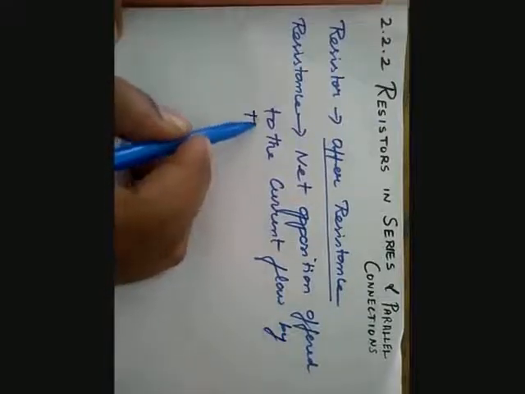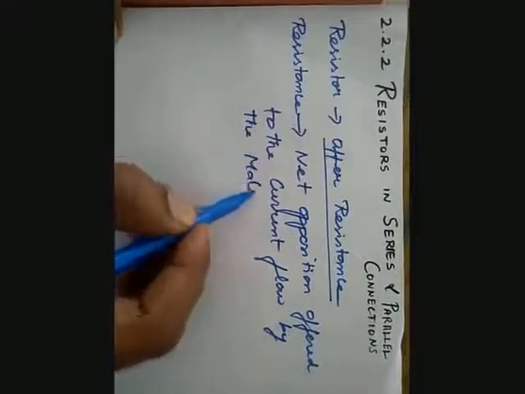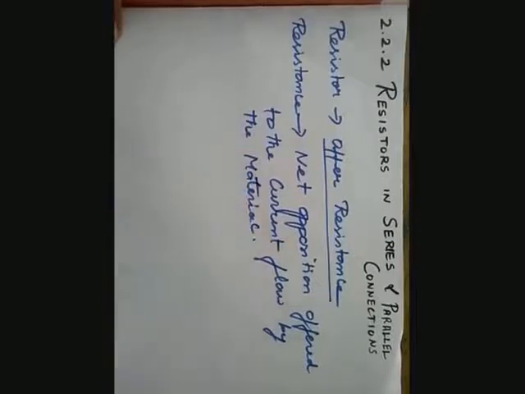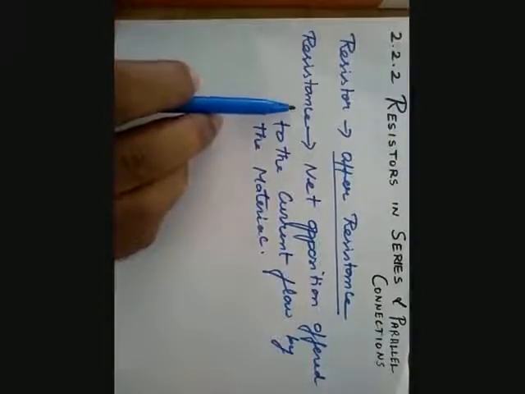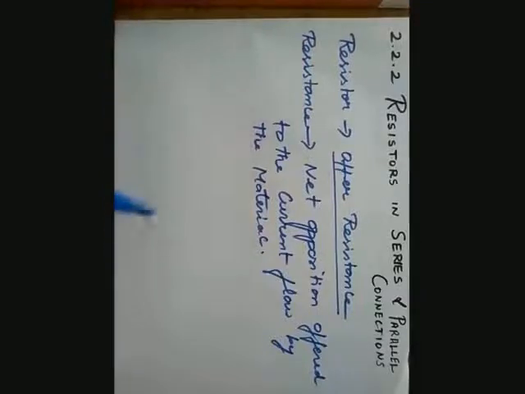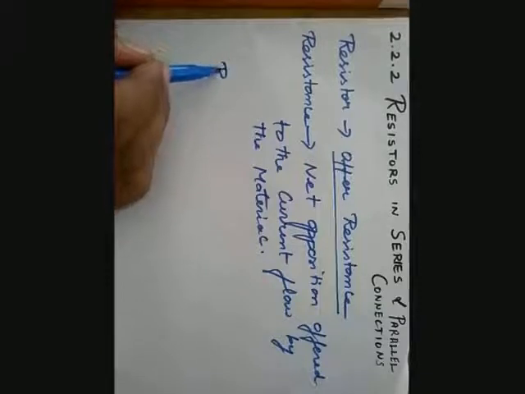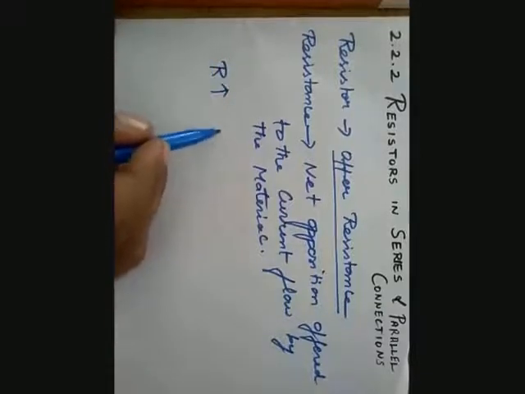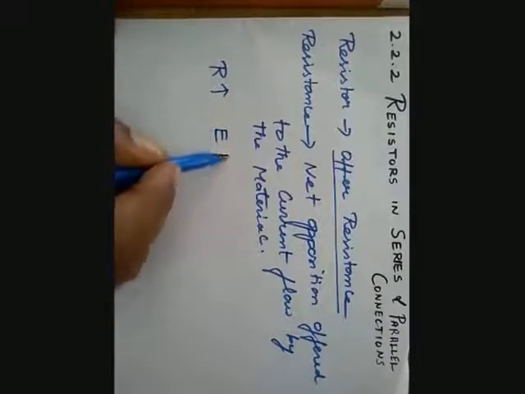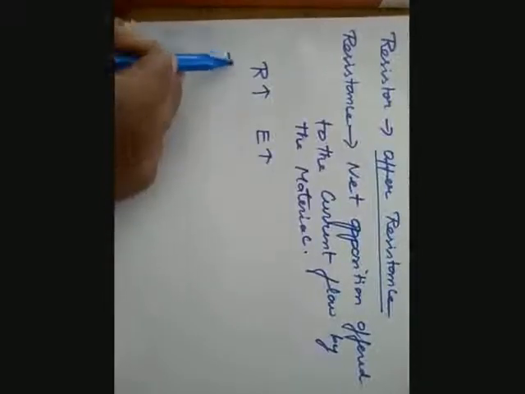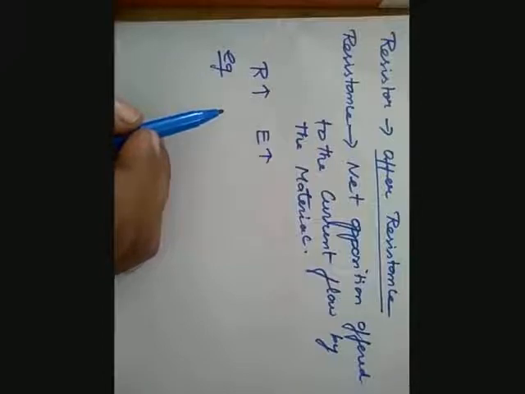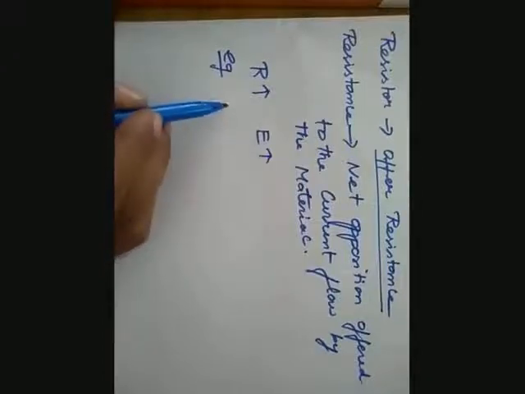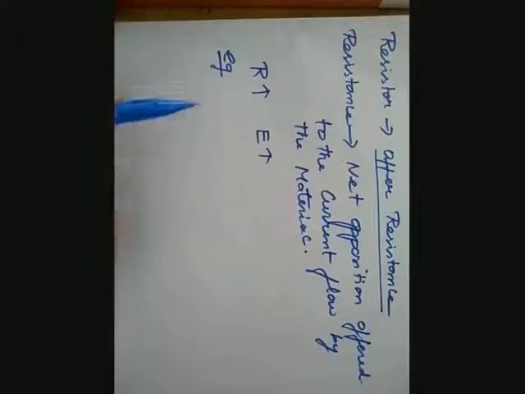Depending on this resistance, the appliances will consume energy. If the resistance of an appliance is more, it consumes more energy. For example, an electric heater consumes more energy because the electric heater resistance is more.